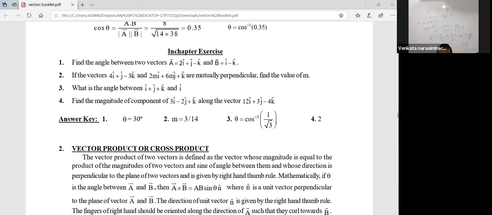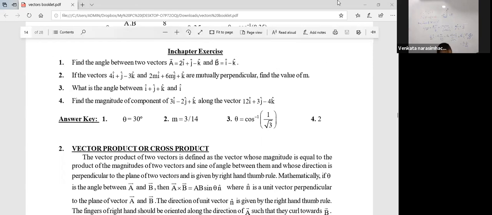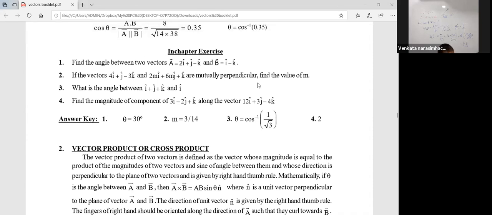I may be eating away some time allotted for the doubts, but I'm okay with it. I'll keep few of the doubts pending for the next class. Right now, we should be clear that you got this concept thoroughly. You have 4 problems to be done. Are you able to see the screen? Yes, sir. 1, 2, 3, 4.